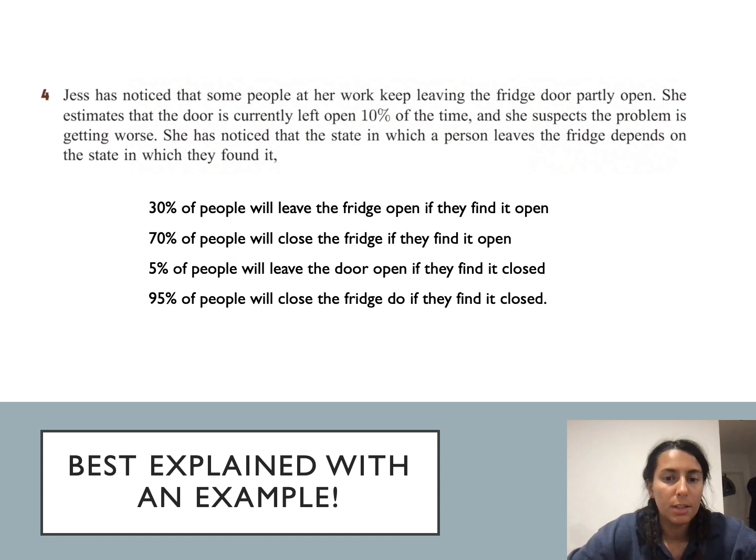Alright, then we get given some more information. 30% of people will leave the fridge open if they find it open, 70% of people will close the fridge if they find it open, 5% of people will leave the door open if they find it closed, and 95% of people will close the fridge if they find it closed.